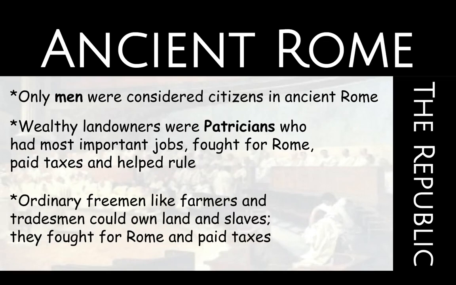The commoners, the plebeians, were ordinary freemen. They were farmers for the most part, and tradesmen, craftsmen. They made things. They could own land and slaves. They did fight for Rome, and they also paid taxes.